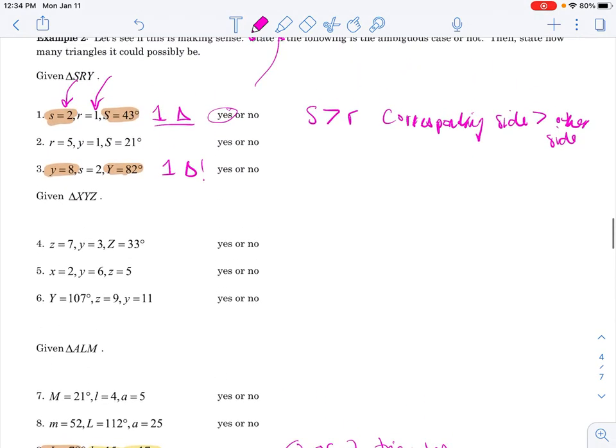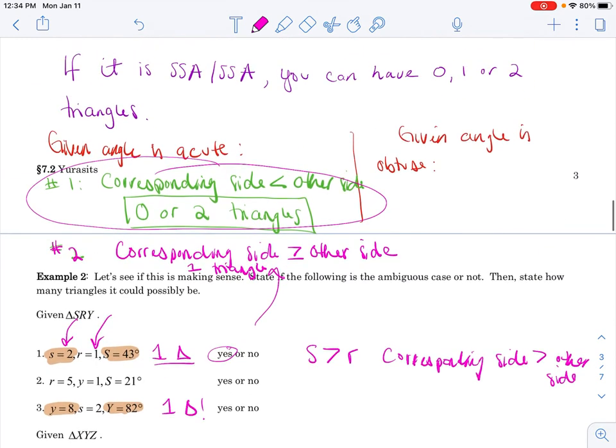Okay. Now, let's talk about the other option. If your angle that's given is obtuse, your options are: 1, corresponding side is bigger than other side. The nice thing is you have one triangle.